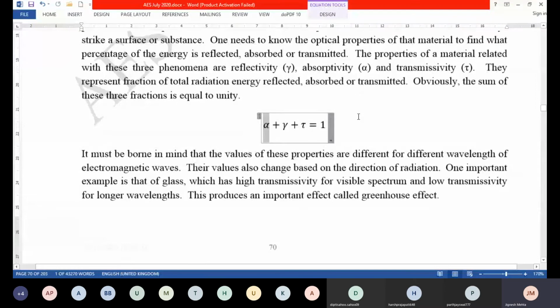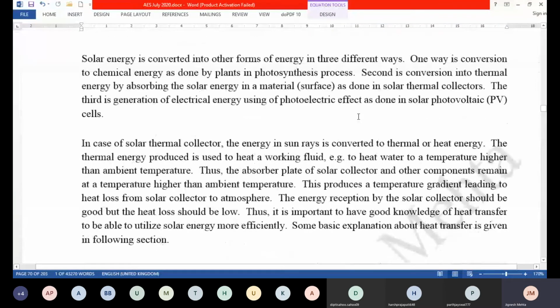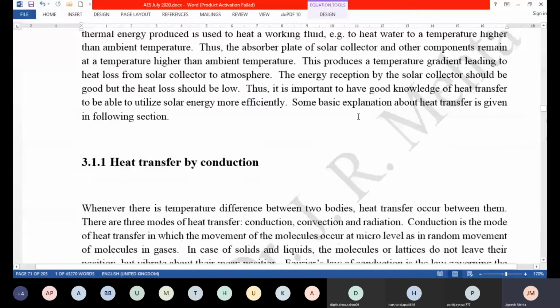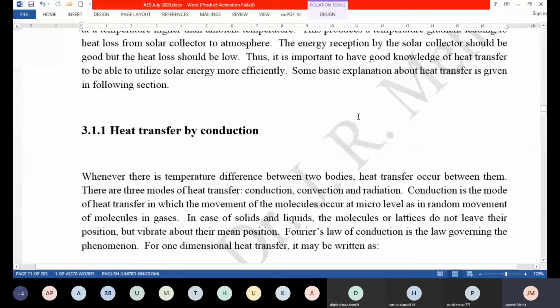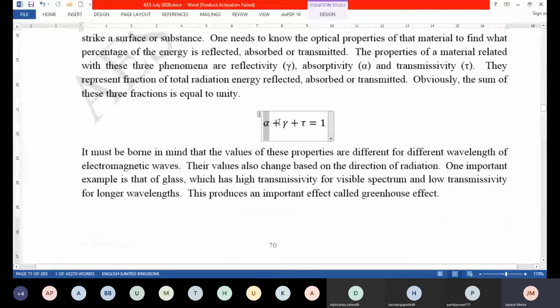So this is what might happen to radiation or energy when it strikes a surface. Now we are generally interested in absorbing, when you are talking about the absorber of a solar collector. In any solar collector there will always be absorption, right? Only if there is absorption, the next thing would be the conversion.